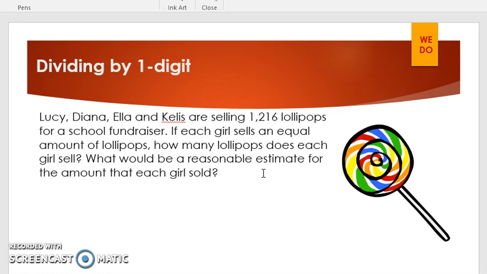So the first thing we need to do is use cubes. We have 1,216 lollipops. And we know that we have each girl selling an equal amount of these lollipops. How many lollipops does each girl sell?